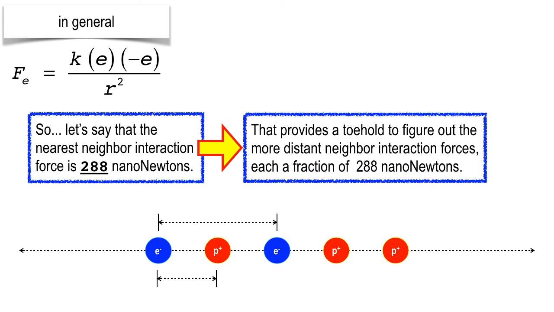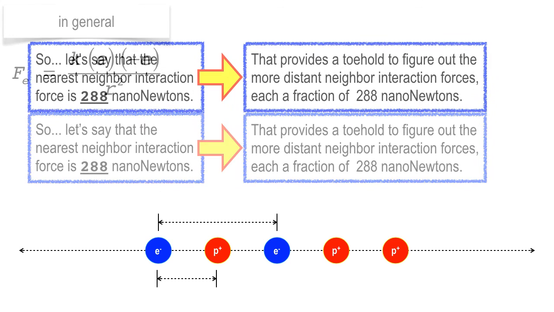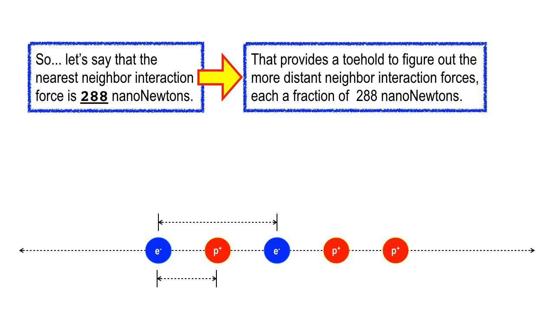You know the distance ratios and the nearest neighbor force, bing, you got it all. If you do a little bit of algebra, that's what we're going to do right now. So let me move this up. We've got a positive 288 nanonewtons to the right for the first interaction.